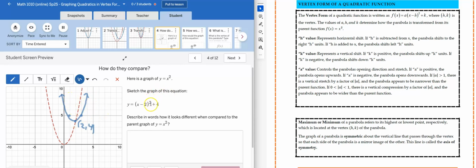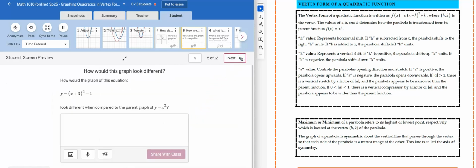Because if it was raised to the third power, it's going to have a different shape to it. It kind of looks like this. That doesn't look very good, but it has a different shape to it. And then everything shifts the same way that we're talking about here. But we just have a different shape to start off with. Does that make sense?